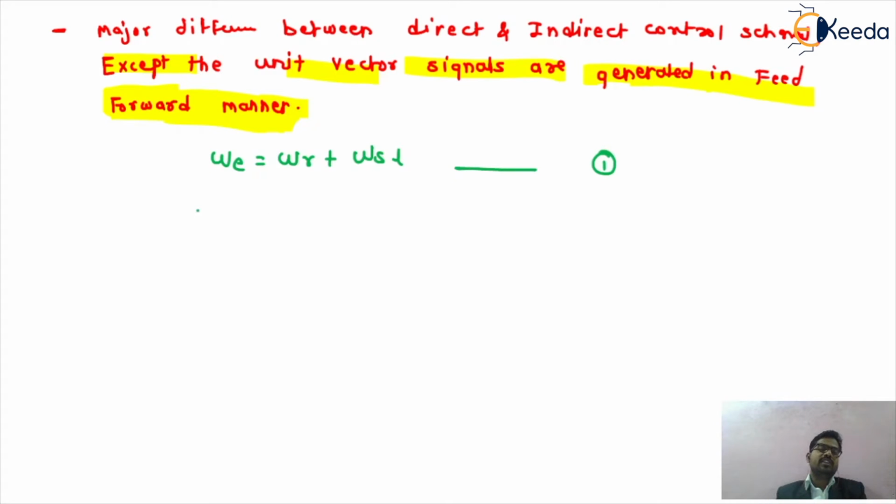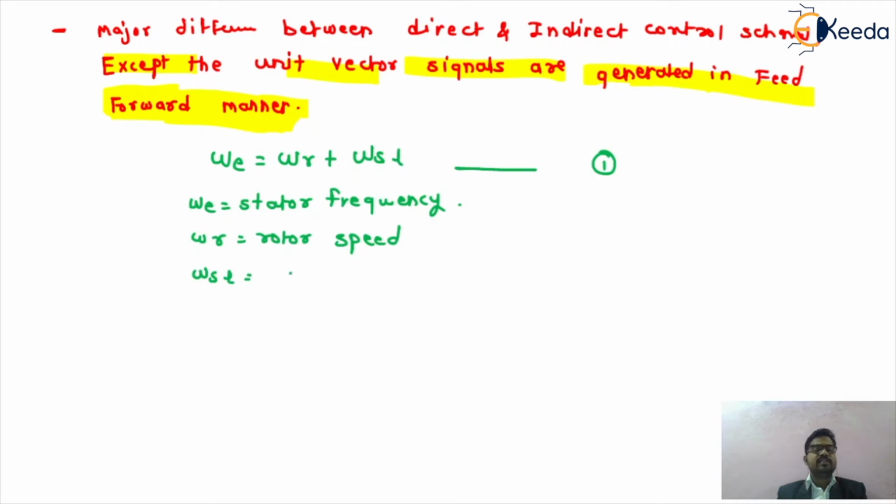In that equation, omega e is the stator frequency, omega r is the rotor speed, and omega sl is called the slip frequency, or slip speed. This is equation number first.